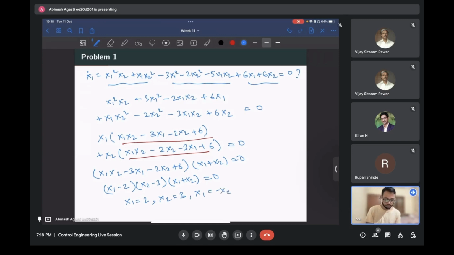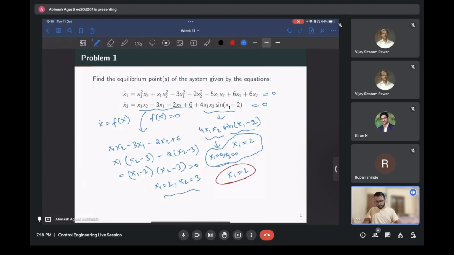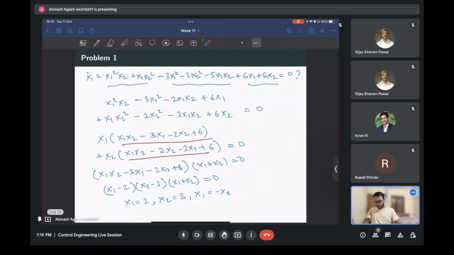So the first equation is satisfied by these three solution sets, while the second equation is satisfied by only this solution set, right? So we can take that x1 equal to 2 is a valid equilibrium point, but this is not a single equilibrium point.